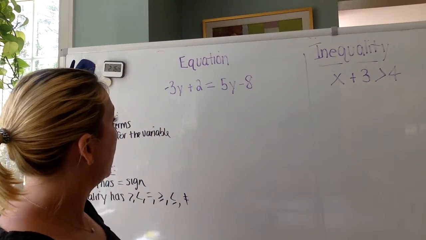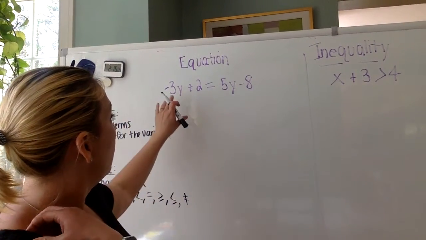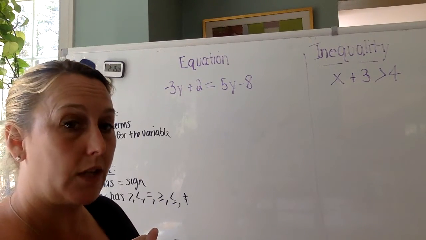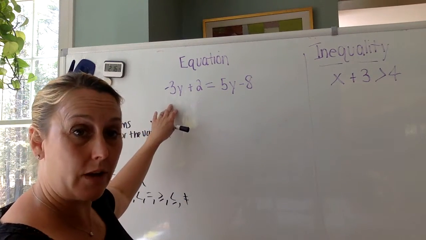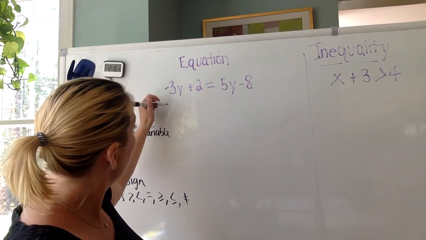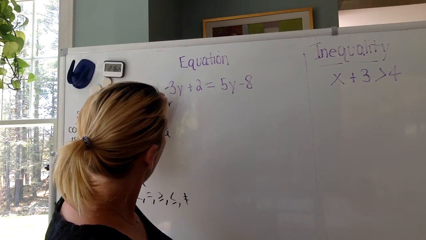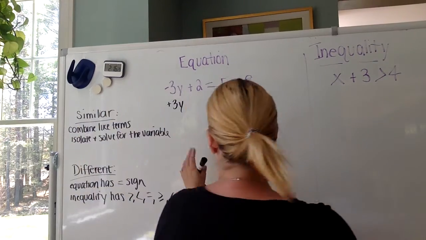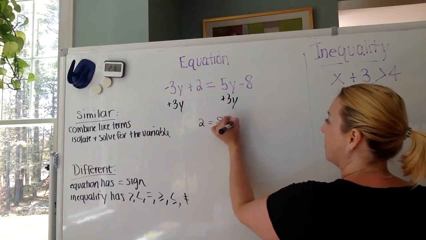So in this example, negative 3y plus 2 equals 5y minus 8. I am going to combine the y terms, because I'm trying to get my variables on the same side of the equal sign. Remember, we always move the coefficient that has the smaller value. Negative 3 has a smaller value than 5, so I'm going to move my negative 3y over to the 5y. The opposite of negative 3y is positive 3y, so now we've canceled those out. We have positive 2 equals 8y minus 8.